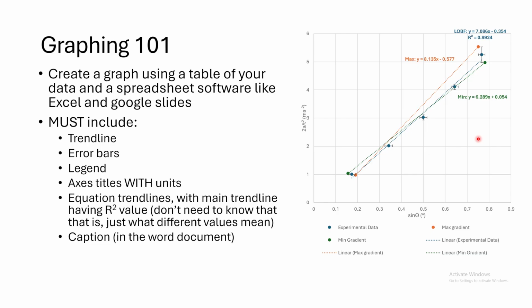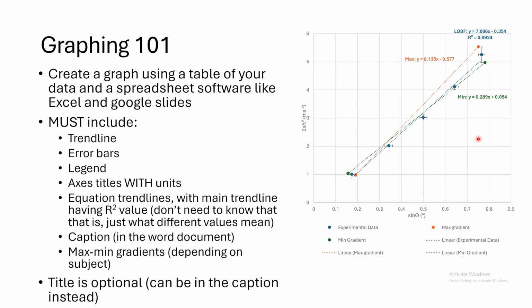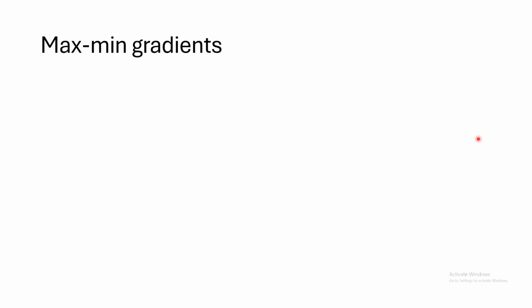It doesn't matter where it is, as long as it's somewhere. And max-min gradients, however, some teachers might not feel like their subject needs one. And the title is optional and it can be in the caption, as long as your caption has a description of what it is.